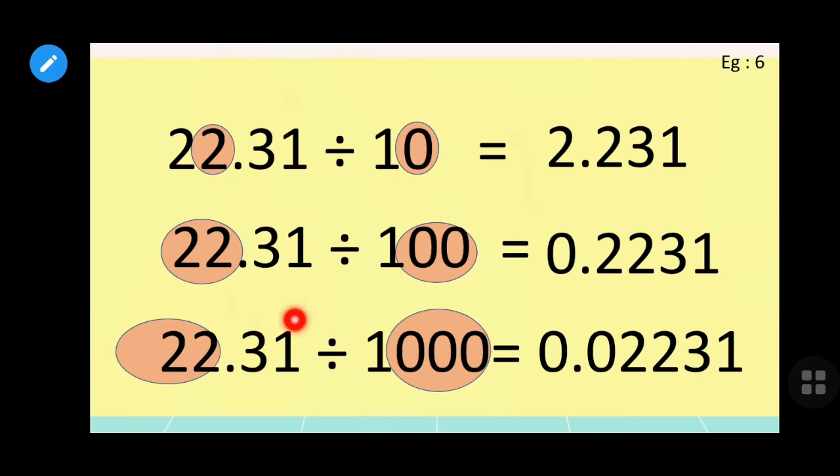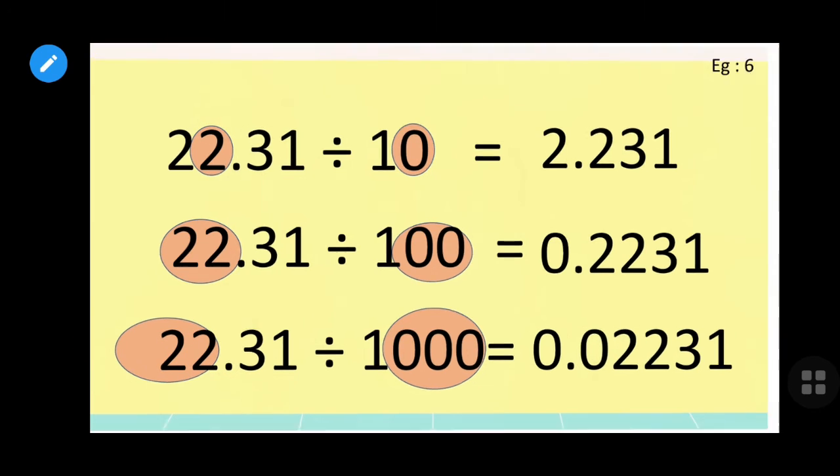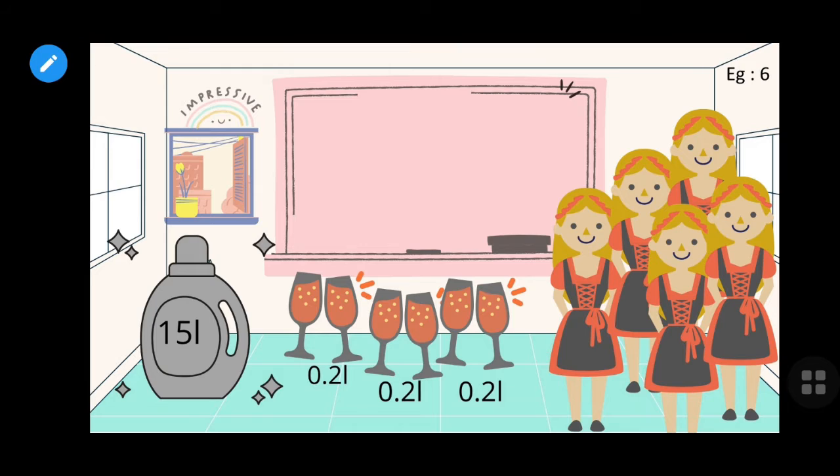Now we have brushed up the knowledge and we are going to help these girls now. How? What's the problem? These girls have got a can of fruit juice of 15 liters and they want to divide it and share it with all the girls, and they have glasses of 0.2 liters.